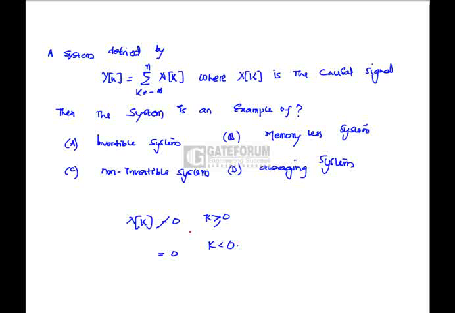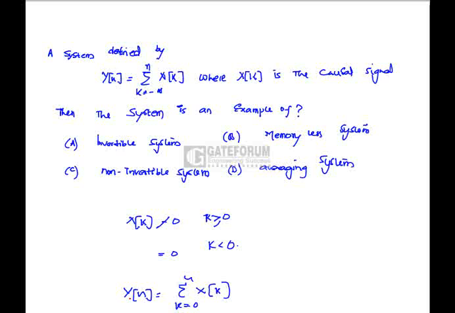Now if we consider this summation for any n, we can modify the above definition: y(n) is the sum from k equals 0 to n of x(k), meaning for any value of n, it depends upon the past values of x(k). Hence this system is a memory system, not a memoryless system.